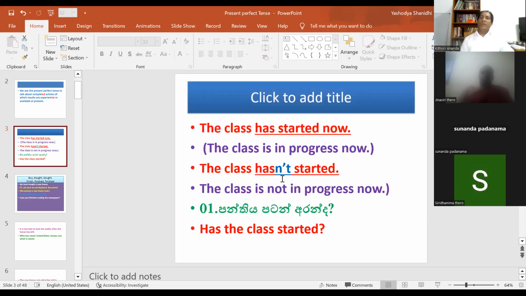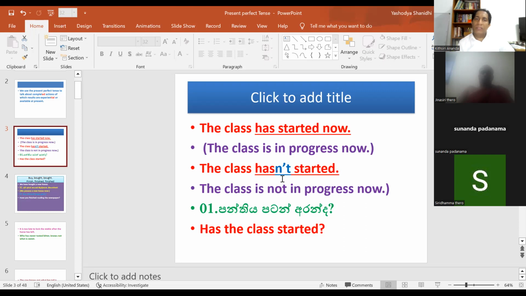Now you see that the class has started. The class is one unit. The teacher, students, everything together, we consider class, collective noun, the class. Then it is singular. The class, not classes.